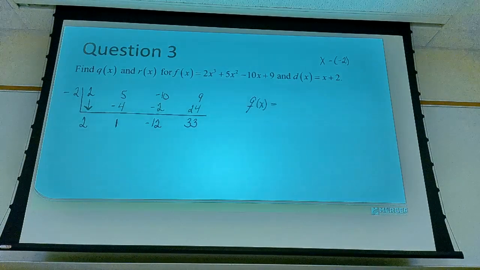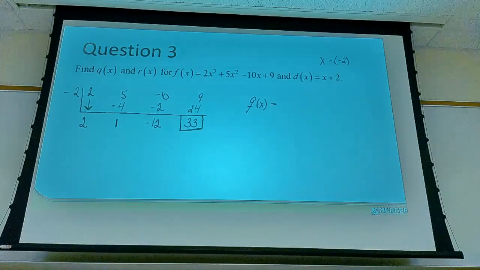Your quotient has a degree of 1 less than the dividend. So the degree is 2. And those are your coefficients.